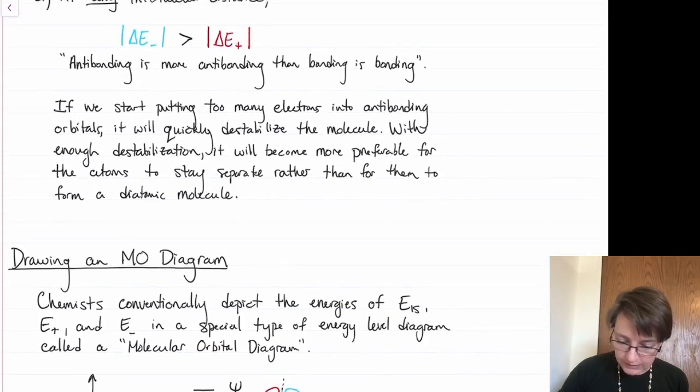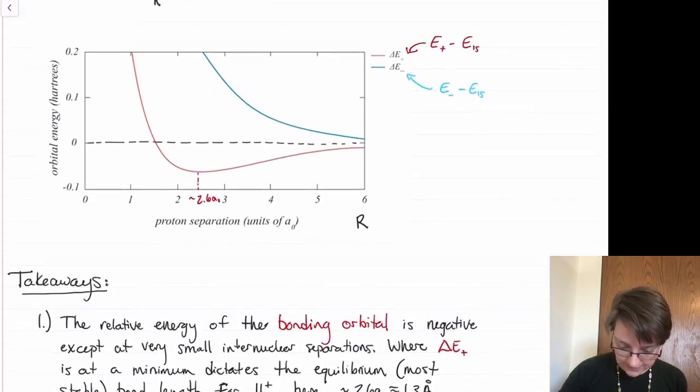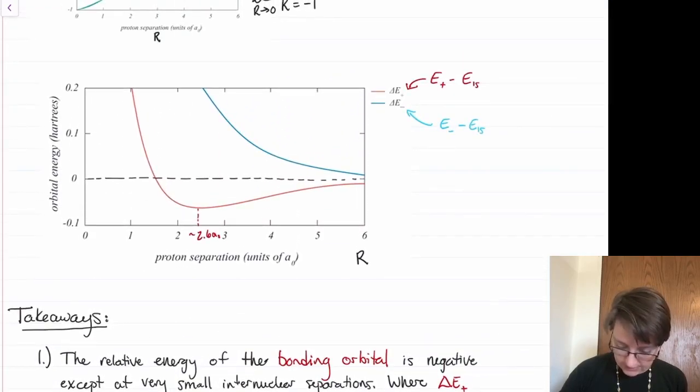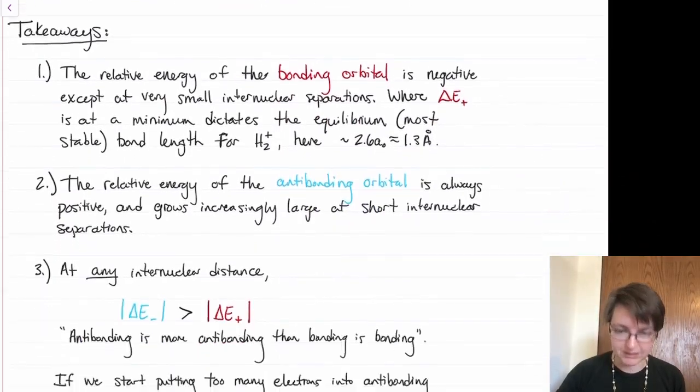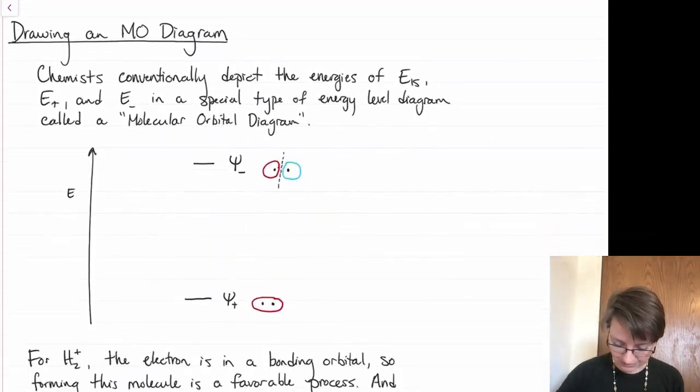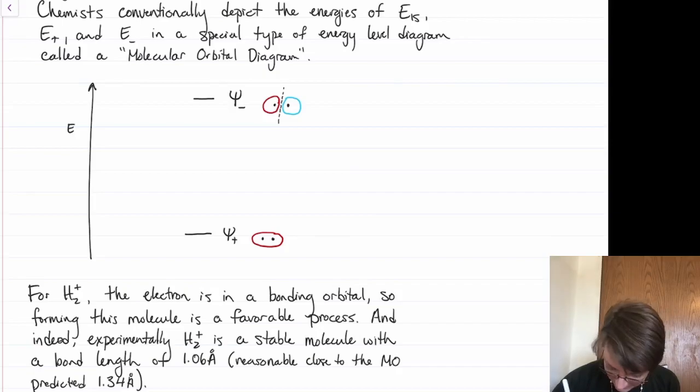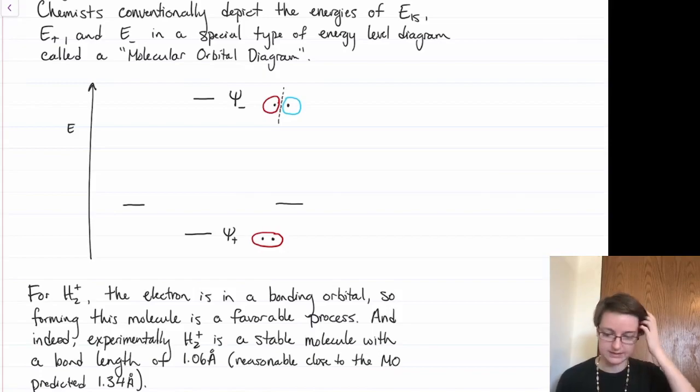And looking back up at my graph, I'm going to put the energy of my reference energy much closer to the energy of my bonding orbital than to the energy of my antibonding orbital. Again, because antibonding is more antibonding than bonding is bonding. And so I'm going to choose to put them, again, this is still a qualitative diagram, so I'm making an educated guess a little bit based on the shape of the graph and trying to replicate it to the best of my art skills.